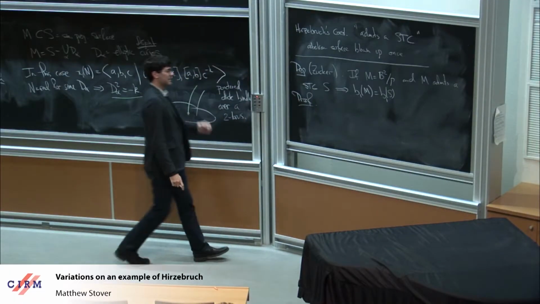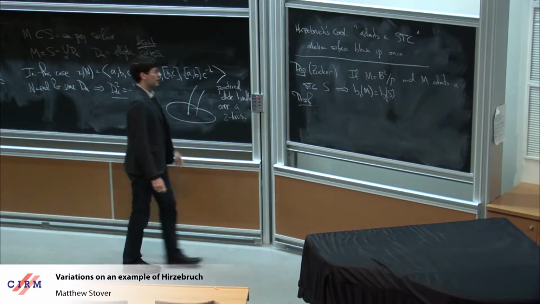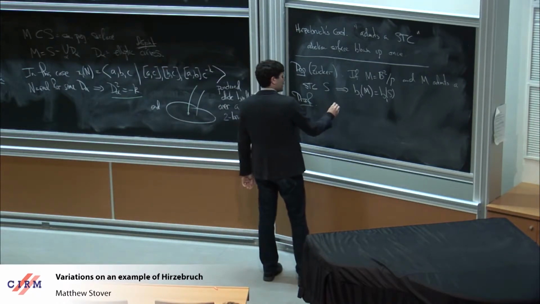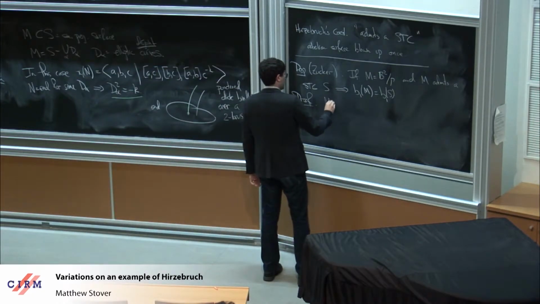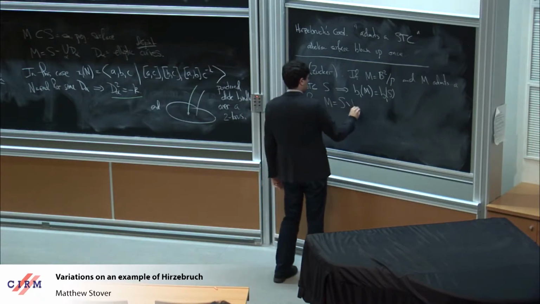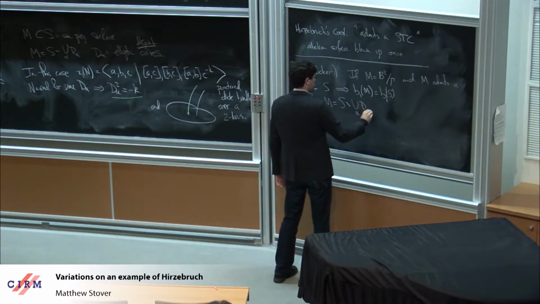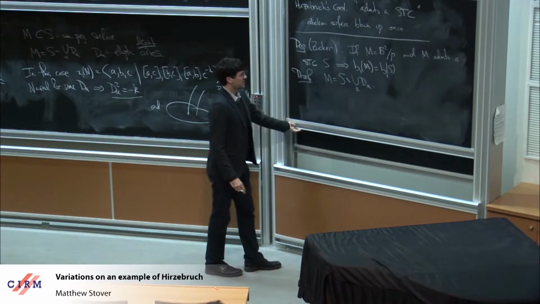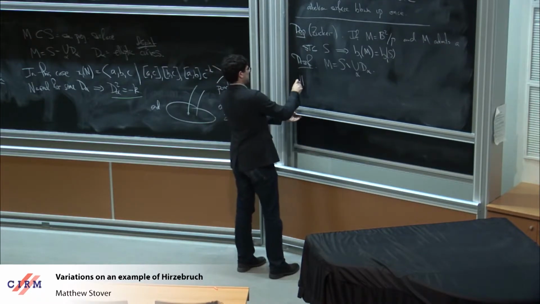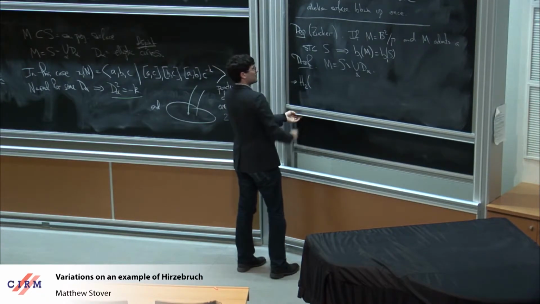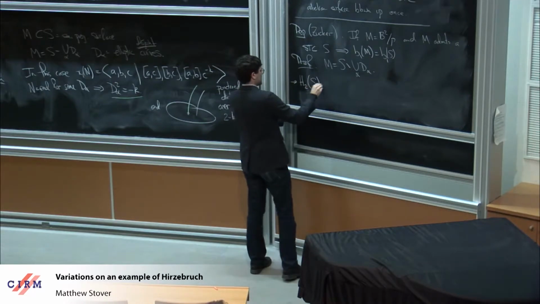And the proof is just graduate algebraic topology. So you have that M is equal to S minus some union of D alphas. And now you look at the exact sequence in homology.